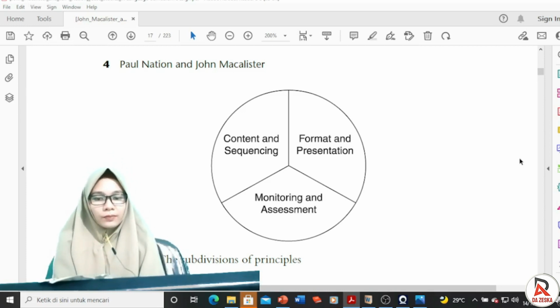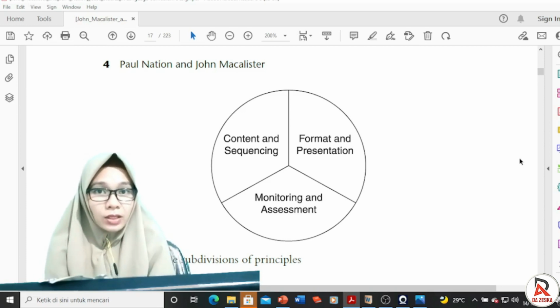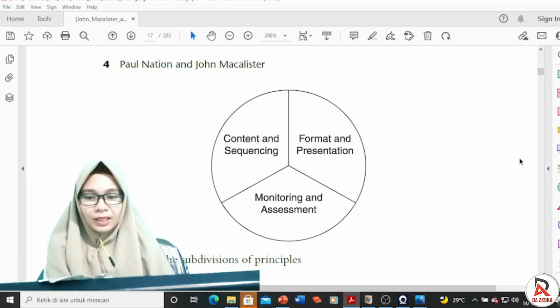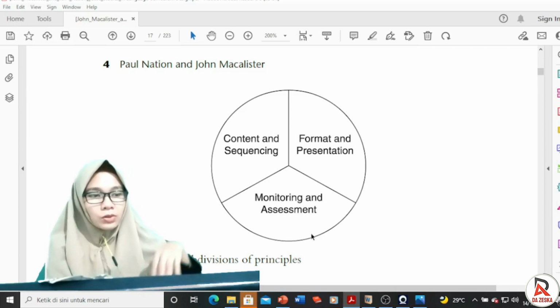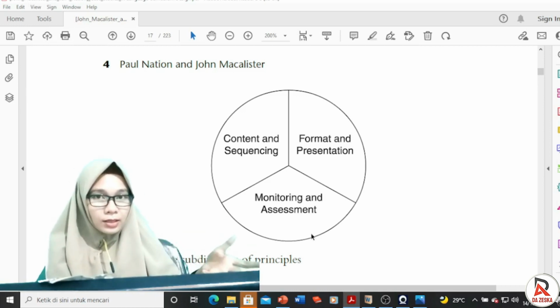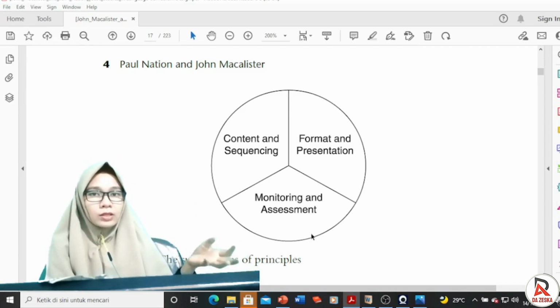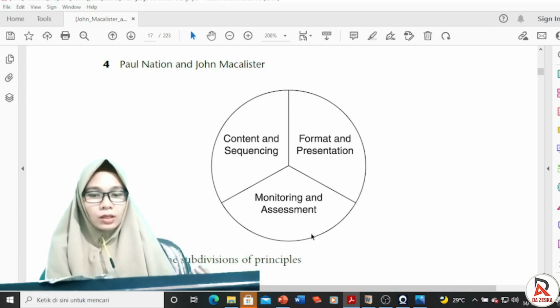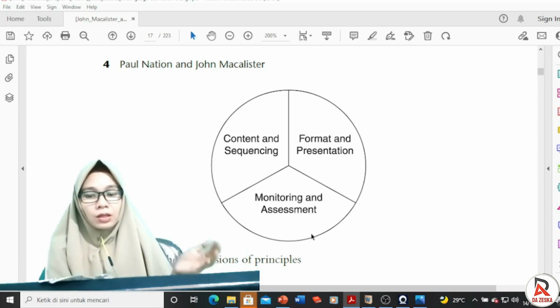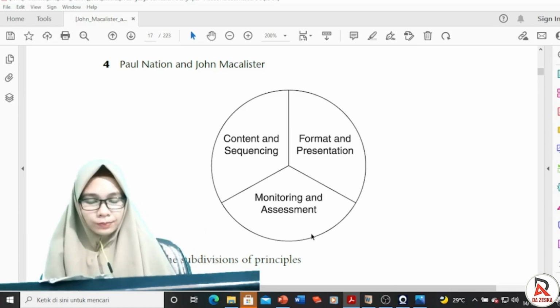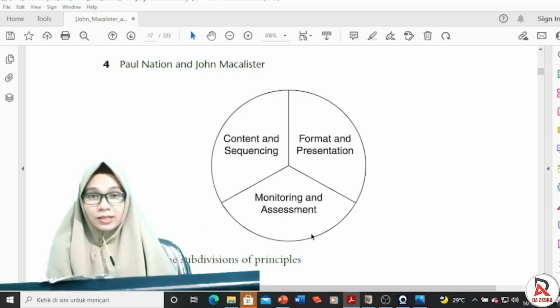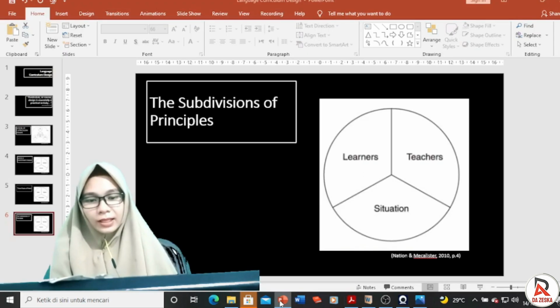So that is what principles actually mean here. The principles are the research and theories to help you design the content, to help you design the format and presentation for your teaching, and the way you monitor and assess your students. That's going to be the principles for your course design. Okay, finally I'm done.